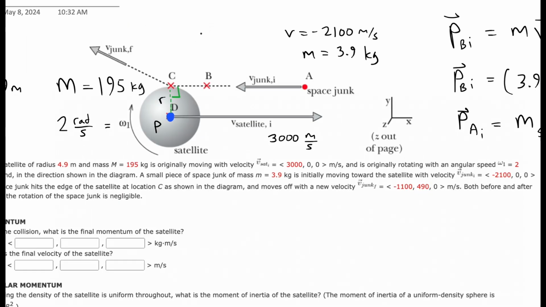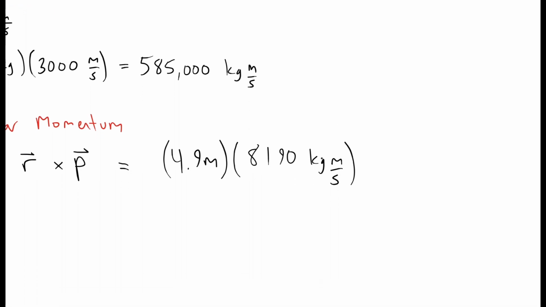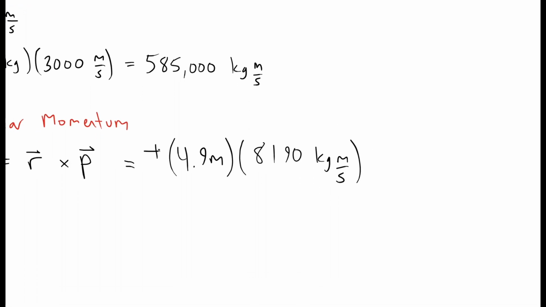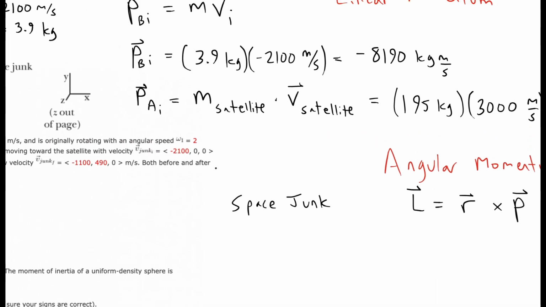Your space junk is going about pivot point P this way. So that would be counterclockwise. Even though it's not rotating around, it still has angular momentum. So let's make that clockwise, which is positive. And I'm also going to assign a letter that you might not have seen before, K hat. Okay, so why would I be calling it K hat?